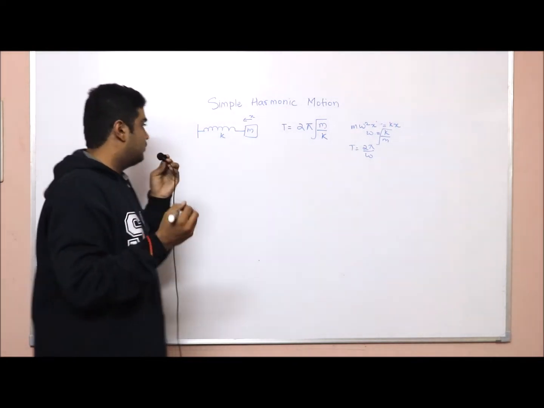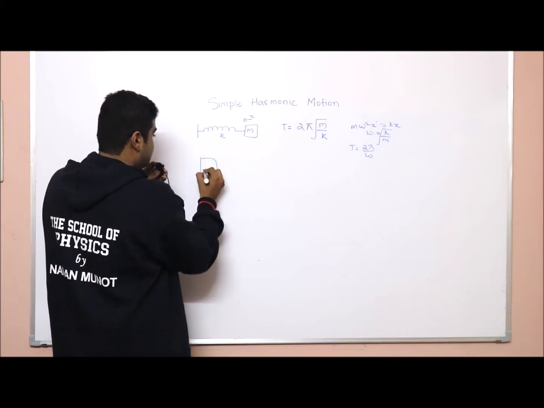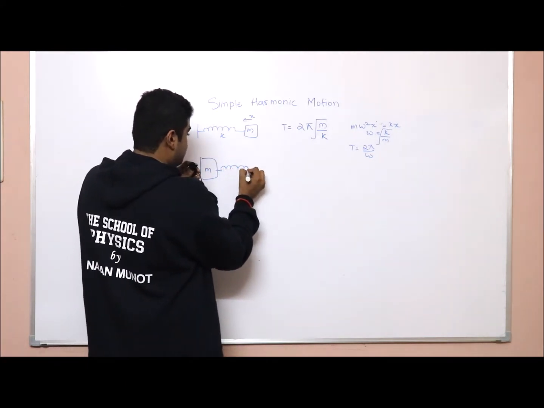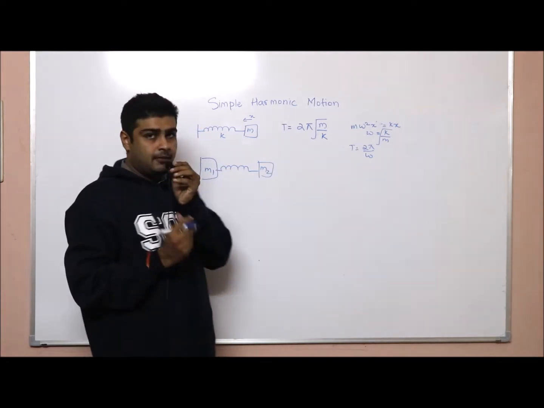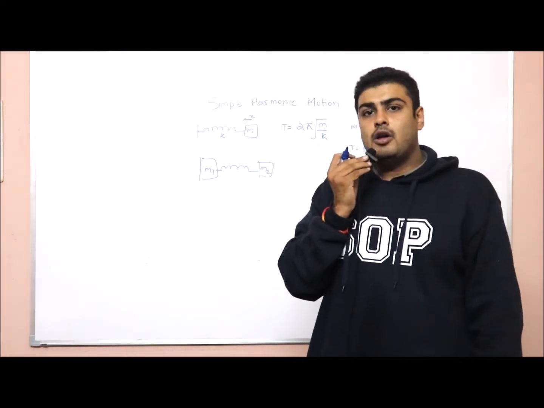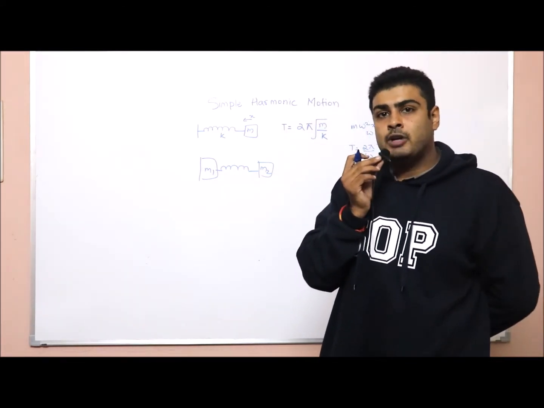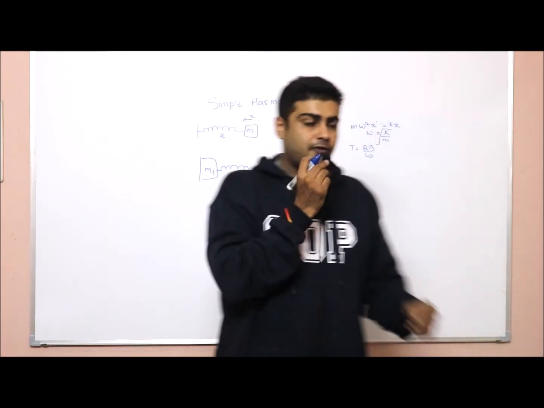Okay. Now we have two masses, m1 and m2. Now this is a system. When we do SHM for this system, it will also do SHM. Now you need to remember this formula, very important.